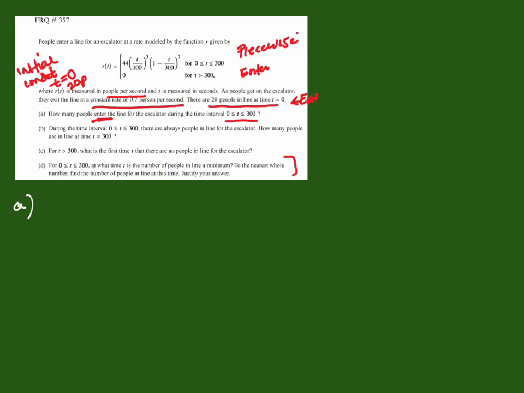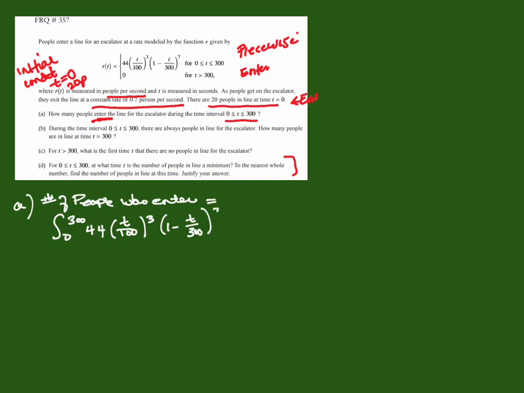So the number of people who enter would be equal to the integral from 0 to 300 of, I'm going to put the numbers because it's piecewise, and since I don't want to have to show the choice, I'm just going to put which one I picked, because it obviously would be the top one. (t over 100) cubed, by the way, this is calculator active, thank goodness, times (1 minus t over 300) to the 7th power, dt.